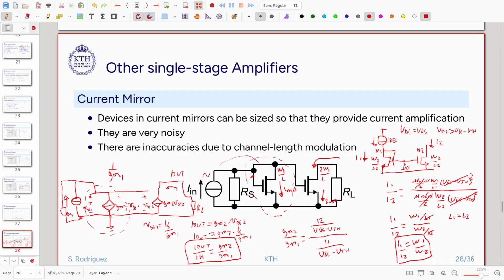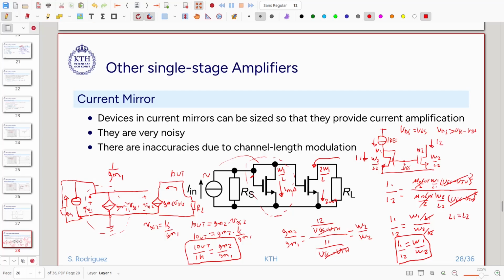This is the same for both transistors, so this disappears, and then due to this relationship, this will be equal to the ratio of the widths of the transistors.